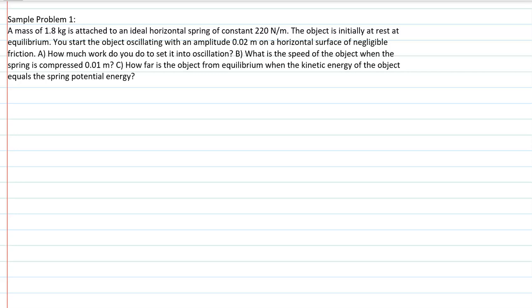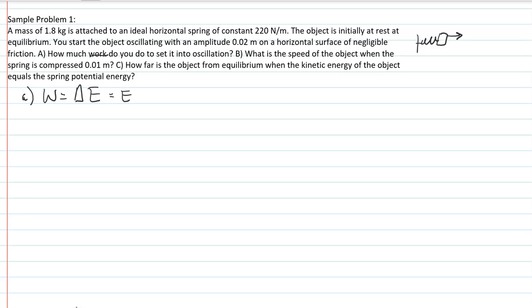So a lot of this we should already know how to do from our unit on energy. For part A, it asks for the work. Remember that the work always equals the change in energy. In this case, you're doing work on an object that's on a spring, so you're giving that object elastic potential energy.